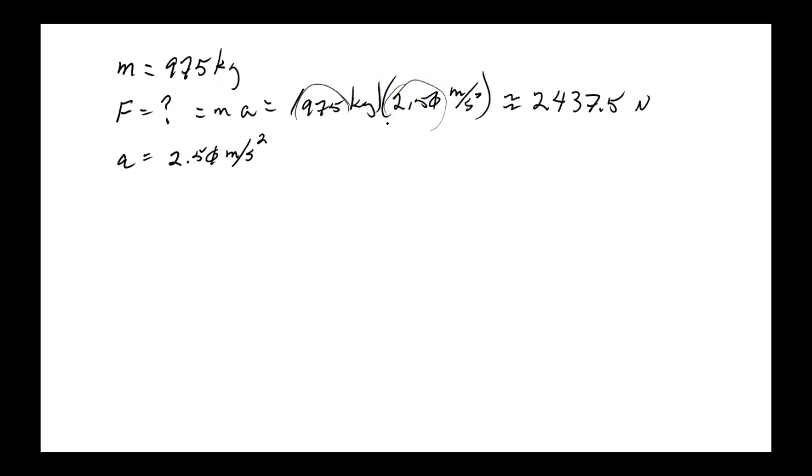So therefore the answer can be no more than 3 significant digits. So you count 1, 2, 3 digits, look to the right. That's a 7. That's greater than 5. Round the 3 up. That would be approximately 2,440 newtons. See, this 0 is not significant, so that's why it's 3 significant digits.